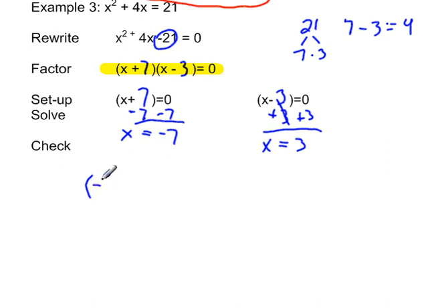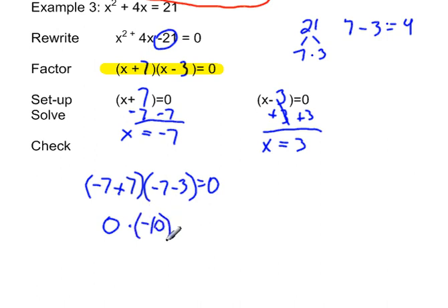Over here, -7 plus 7 times -7 minus 3 equals 0. Is that true? -7 plus 7 equals 0. So 0 times anything, in this case it happens to be -10, equals 0, so that checks out.